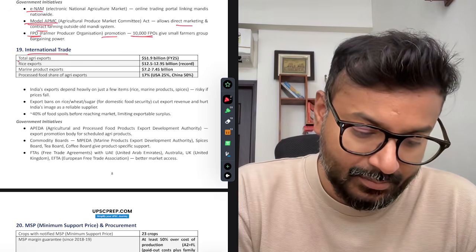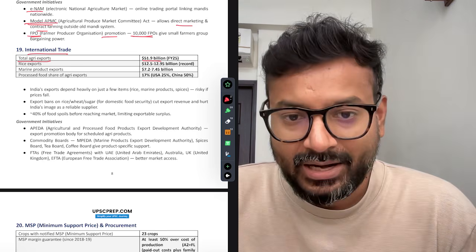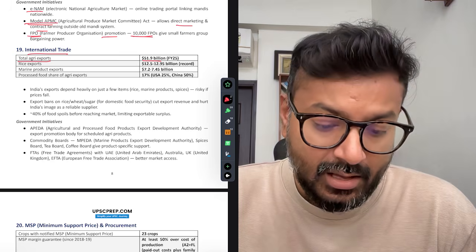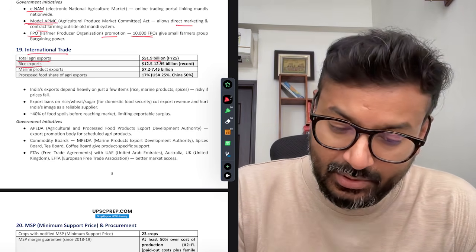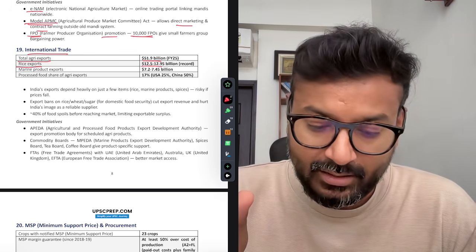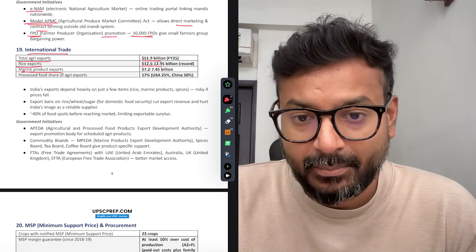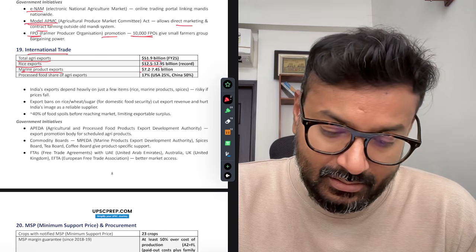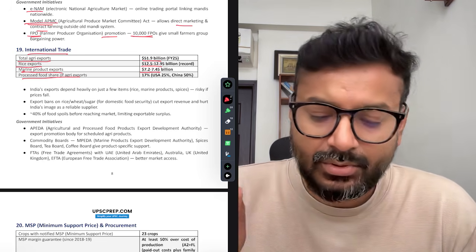Total agri produce exports in financial year 25 stood at $51.9 billion. Out of that, a majority is these things: rice export, which is around $12 to $13 billion; marine product exports, particularly shrimps, at $7 to $7.5 billion; and processed food is very less.